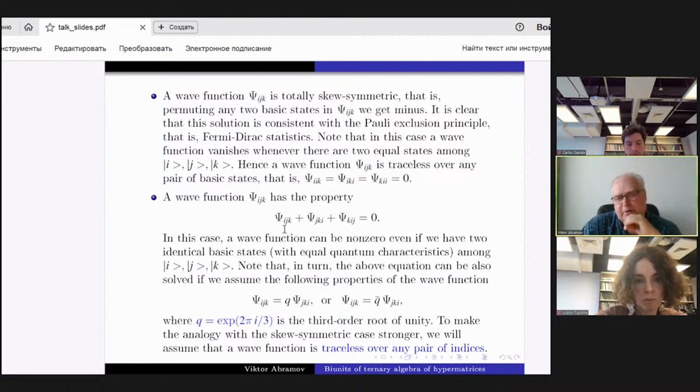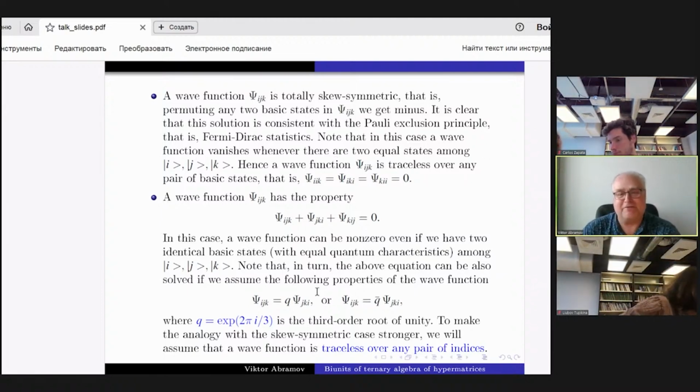because if I do not assume that they are traceless, then I go very far from this, I would say, classical case, Fermi-Dirac statistics or the Pauli exclusion principle, or from Grassmann algebra. But if I require that the hypermatrix should be traceless, then I can put all these cases under the same roof.